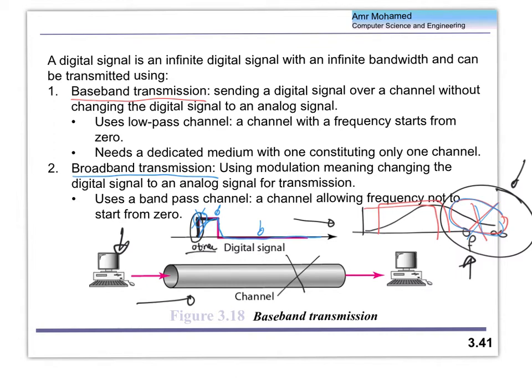So if you have two nodes sending on the transmission medium at the same time, collision will happen. In other words, only one node is allowed to occupy the transmission medium at any point of time. Why? Because we are talking about baseband transmission. All the digital signals are transferred in the low frequency domain.